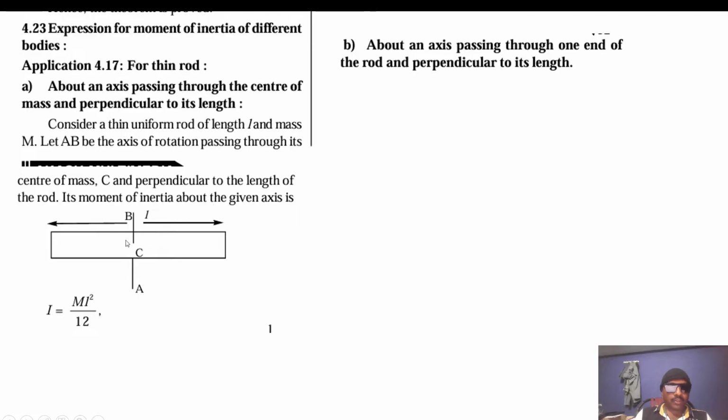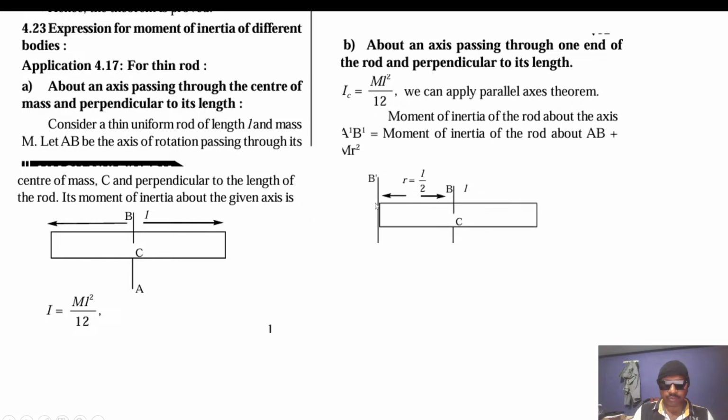If you know this, it is very easy to understand. I will show you. Look at this, another axis of rotation is the edge. Here we have to follow the parallel axis theorem.